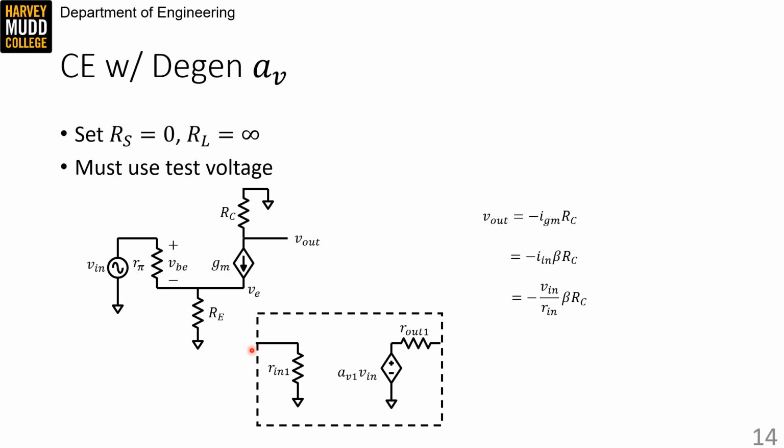That's convenient though, because it means that the current flowing in this resistor is the same as the current flowing in this resistor, which is therefore easy to represent as Vin over Rn.